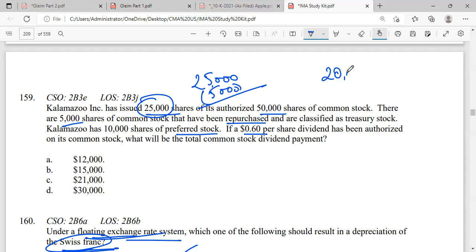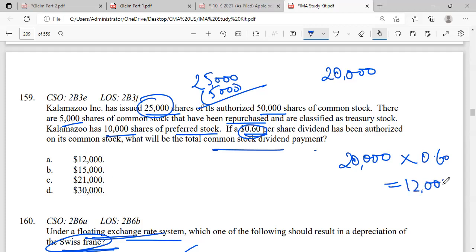So this becomes 20,000. Then this 10,000 is preferred stock. That does not count towards the common stock dividend payment. Then 0.6 per share is given. So it's just 20,000 times 0.60. That equals how much? 12,000. Is that the answer? Yes, it is.